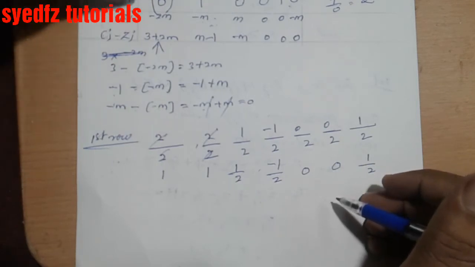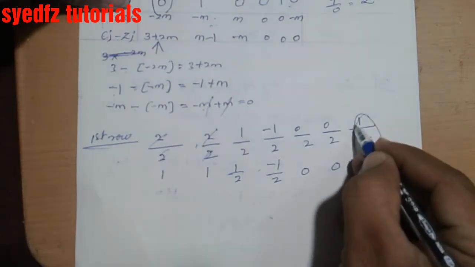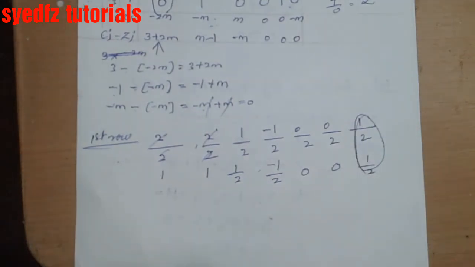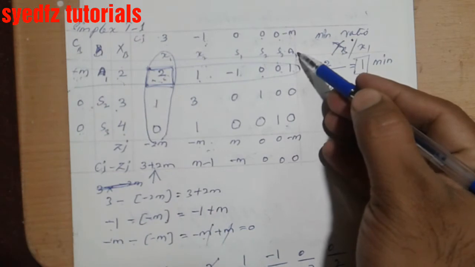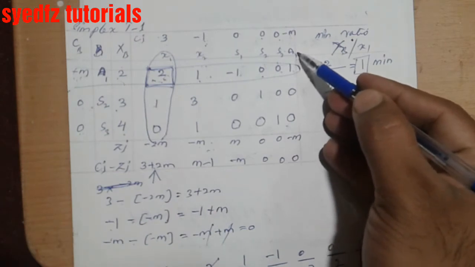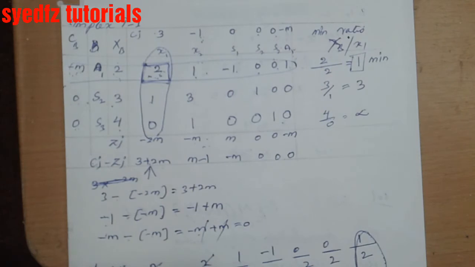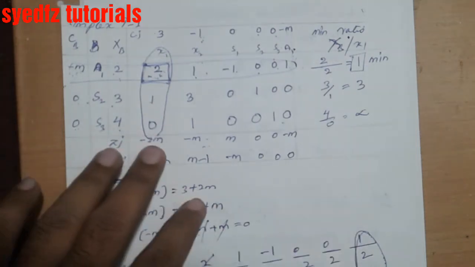In the second table, you should not take the A. Only for the purpose of the first table do we have to take the A column, but for the second table we need not take any A or M. This is the process of the big M method only for the first table, not for any other table.